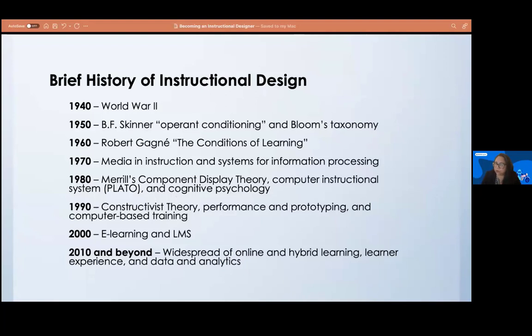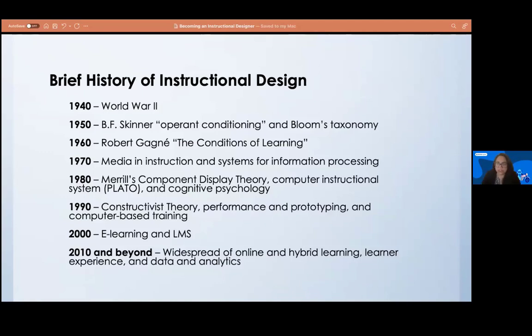We have David Merrill, who developed the component display theory, also known as CDT. Also, the introduction of the first computer instructional system, which is called PLATO, Programmed Logic for Automatic Teaching Operations, and the principles of cognitive psychology.